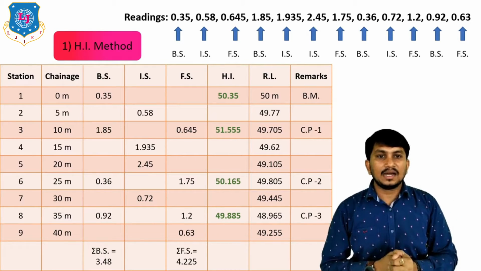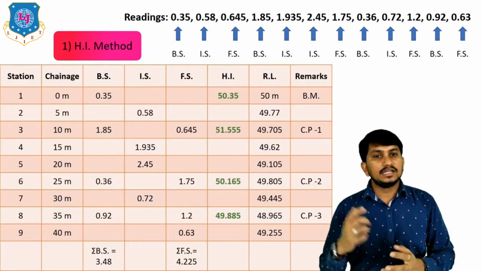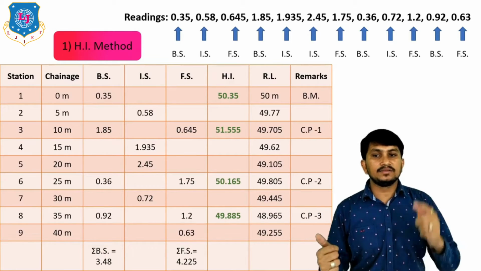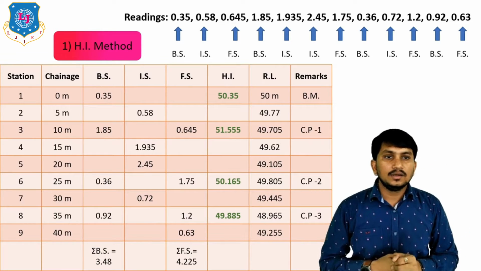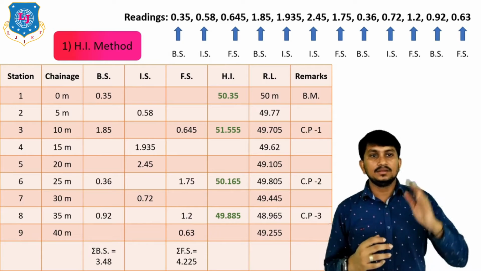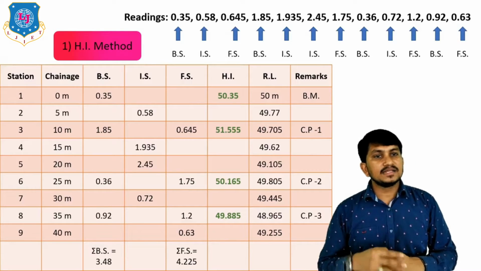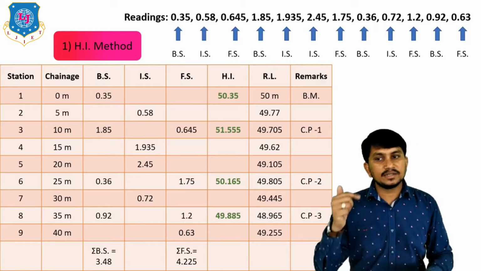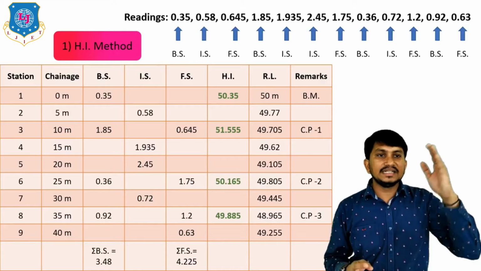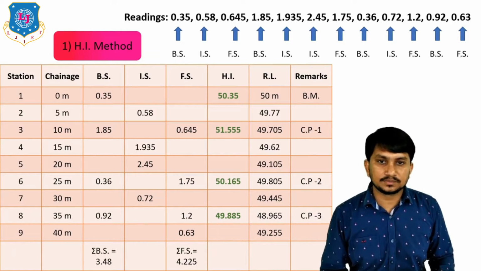FS and BS are there because a changing point is there. So there are 2 staff readings at the changing point. Then 0.72 is IS, then FS is there. After FS, BS is there, so the changing point can be written in the remarks column. Then the last reading is FS, so it is written in the FS column.